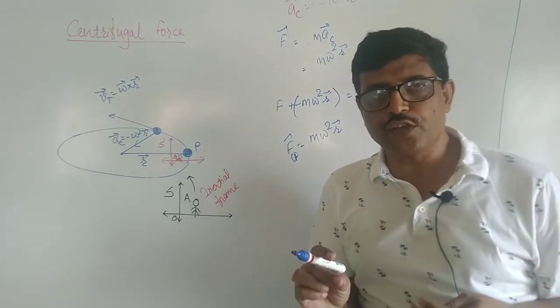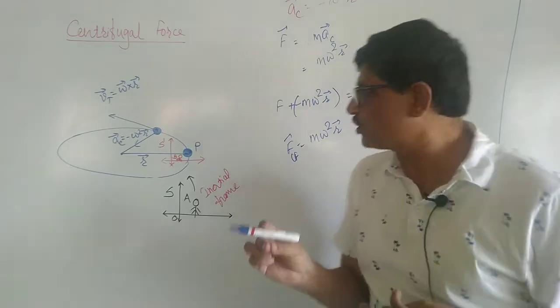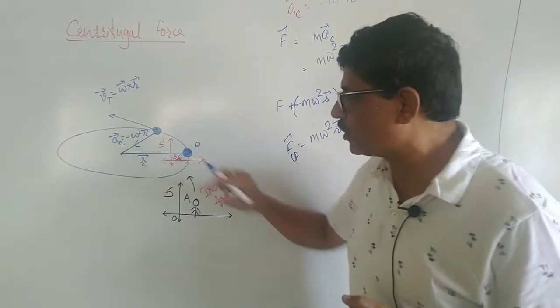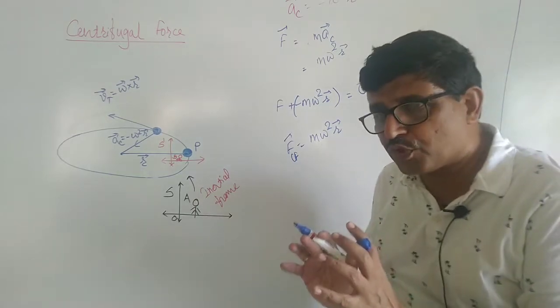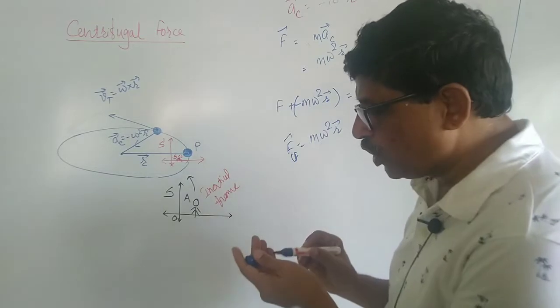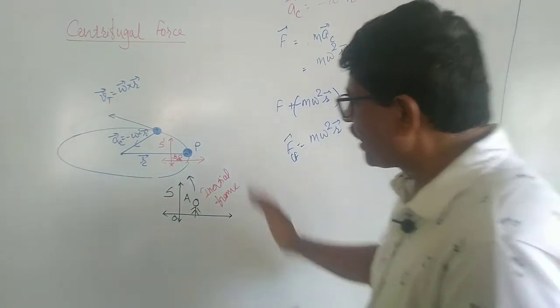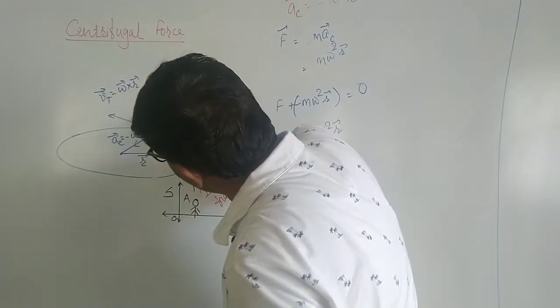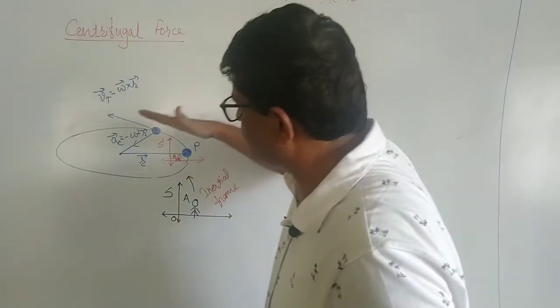The existence of the force is considered in order to apply Newton's laws of motion. And why is this force there? The force is there because the object has an inertial tendency to remain in the same state of motion.